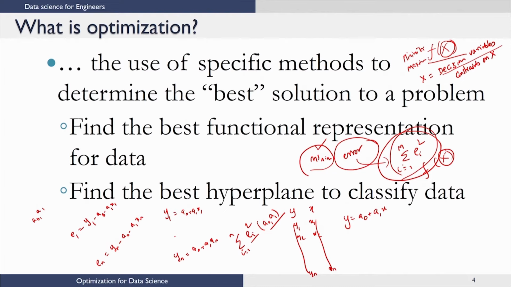Now, in terms of the other bullet point I have here, which is to find the best hyperplane to classify this data. This is also something that we had seen before, where we looked at data points. For example, I could have lots of data here corresponding to one class.